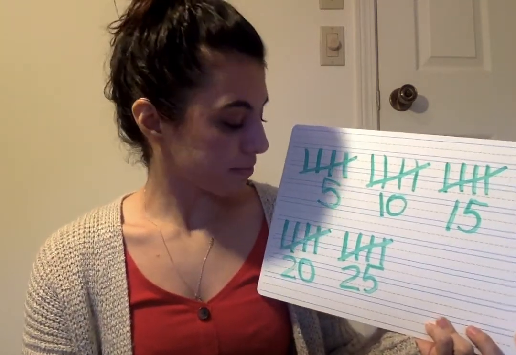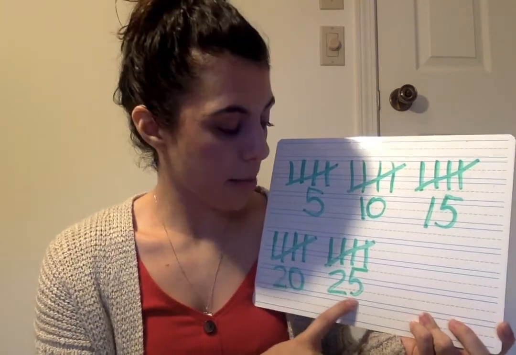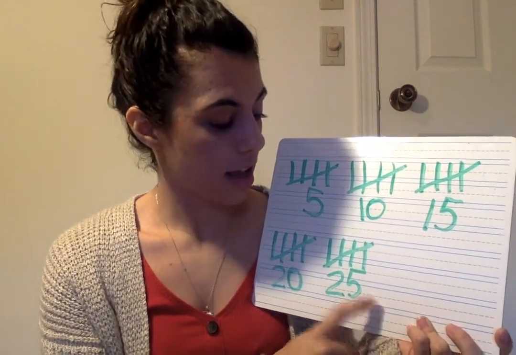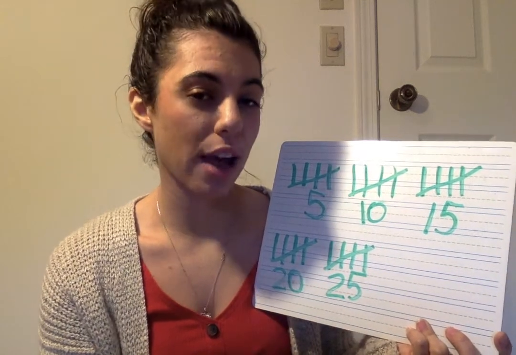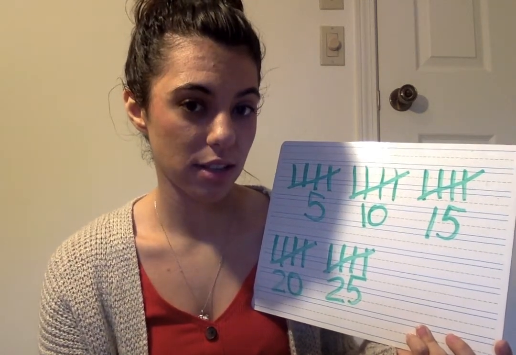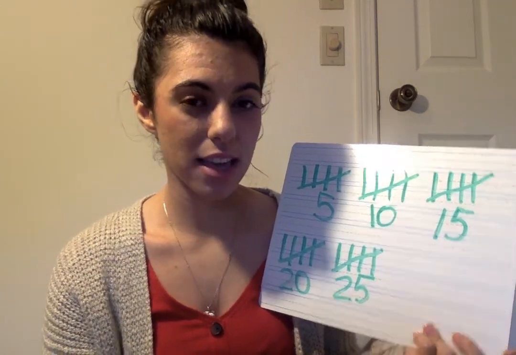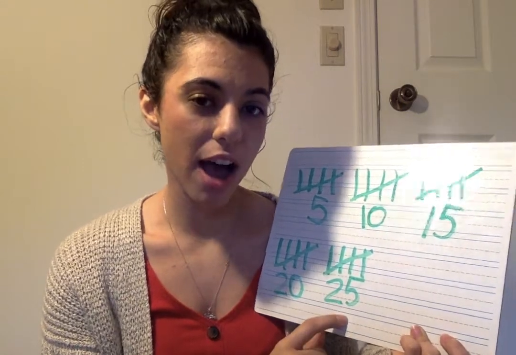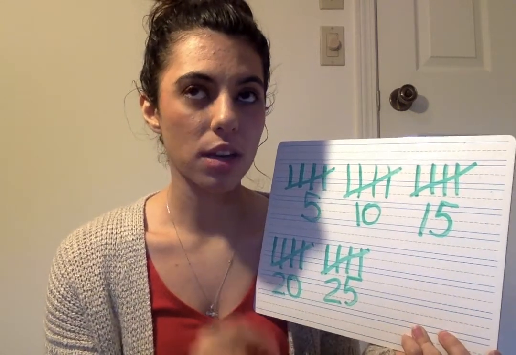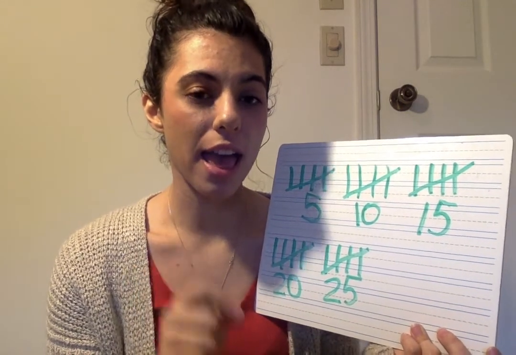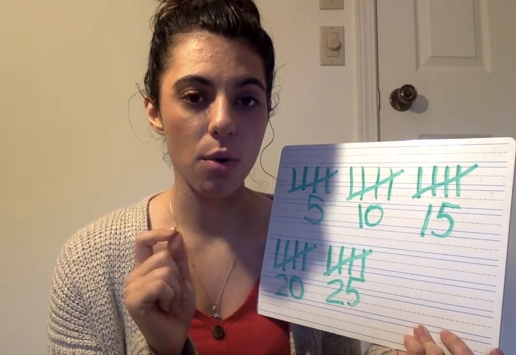Okay, so let's just think about what number would be next after 25 if we're counting by 5's. Okay, let's think about it. Let's use our counting on skills. So we know 25, we need 5 more. And we know that the number is going to end with either a 0 or a 5.